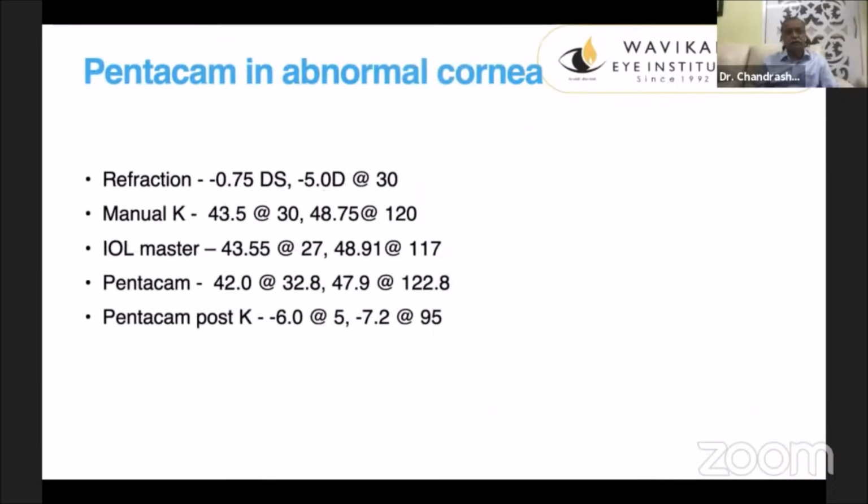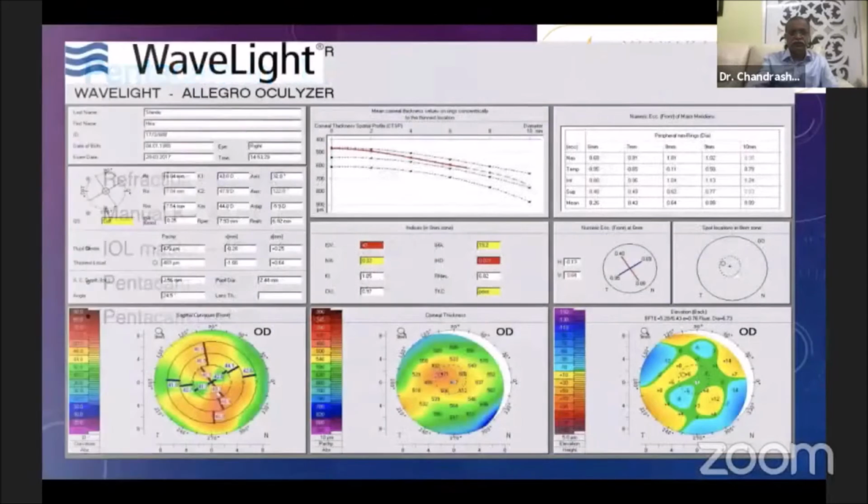Now, this is an example of a patient with multiple scars, and luckily the refraction and all three machines showed almost identical cylinder. And the posterior corneal astigmatism was 1.2 at 95 degrees. So we went ahead with a Barrett TK-like formula where, by vector summation, we found the net corneal astigmatism.